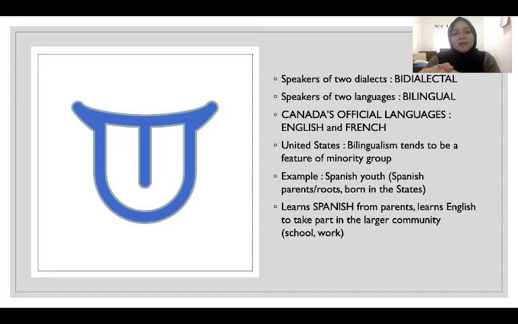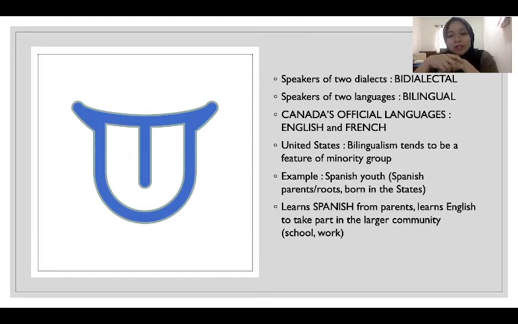you have another influence. For example, a Spanish boy can speak two languages. He's bilingual. He can speak Spanish, and at the same time he can speak American language or English language.